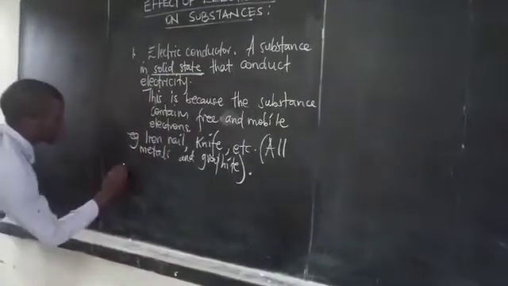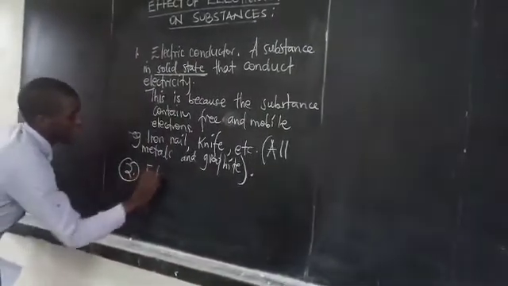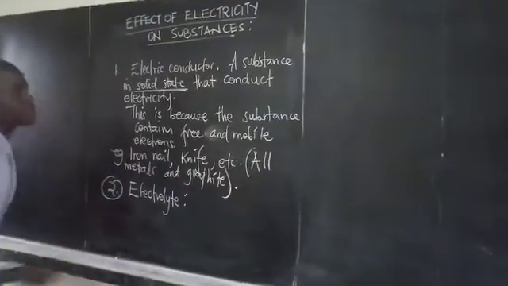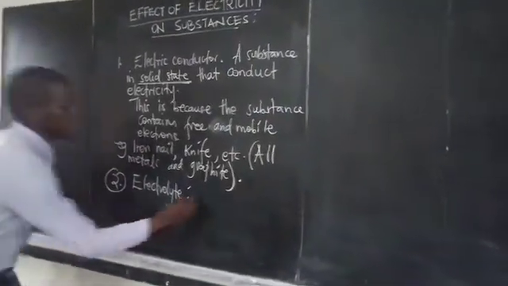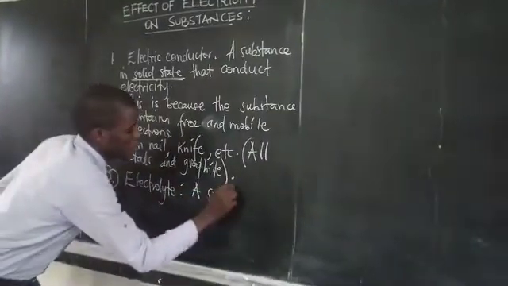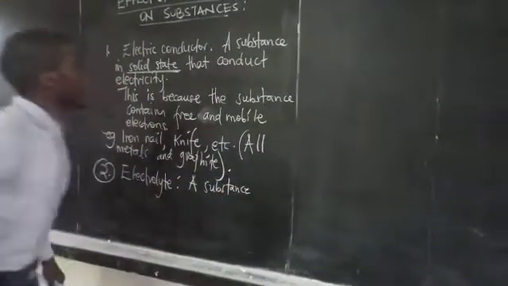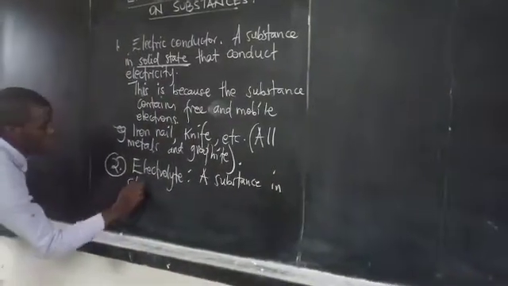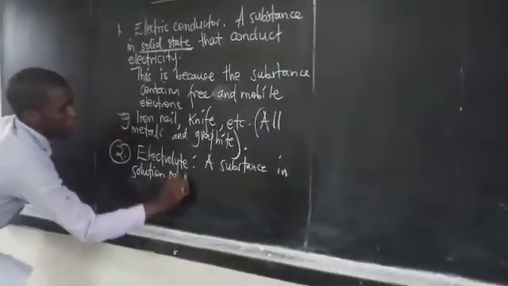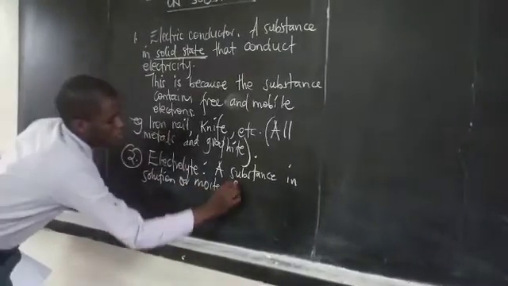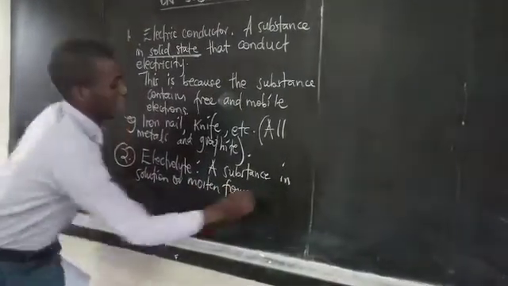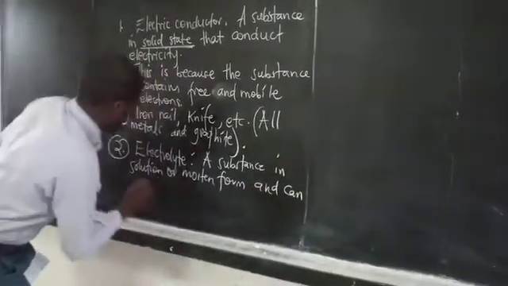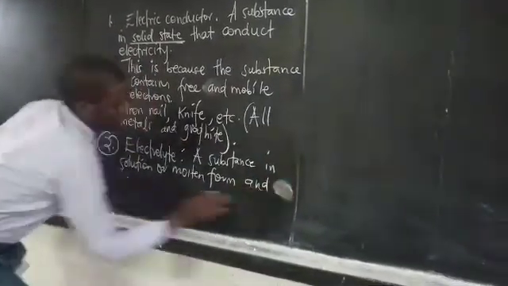There is another substance called an electrolyte. An electrolyte is also a substance, but it is in solution or molten form, and it can conduct electricity also.